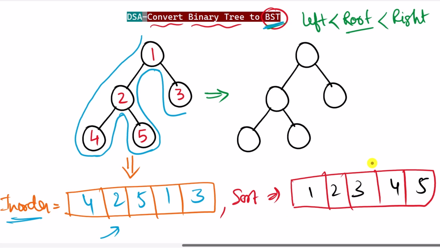So now all we have to do is put these sorted values back into our tree structure. Because we wanted to keep the structure of the tree, the structure will be the same. We just need to put these values into this tree so that the property of the binary search tree is maintained, where the left child will be smaller than the root and the right child will be larger than the root.